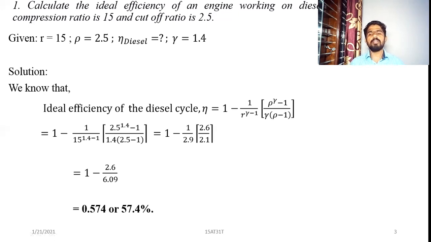Multiply with 100 and you will get 57.4%. This is the efficiency of the diesel cycle for the given data, where the compression ratio is 15 and the cutoff ratio is 2.5. So this is the solution of problem number 1 for the diesel cycle.